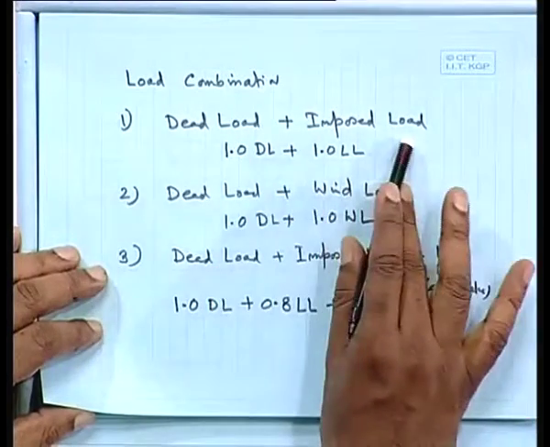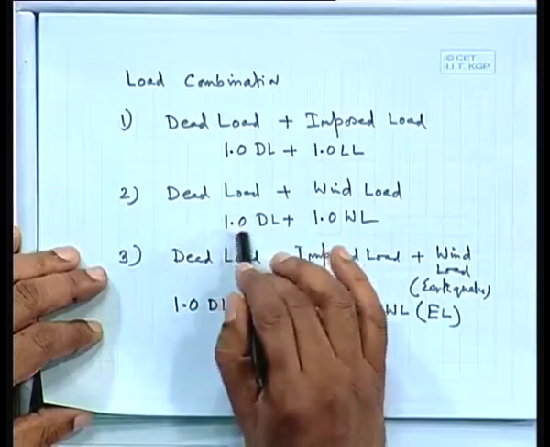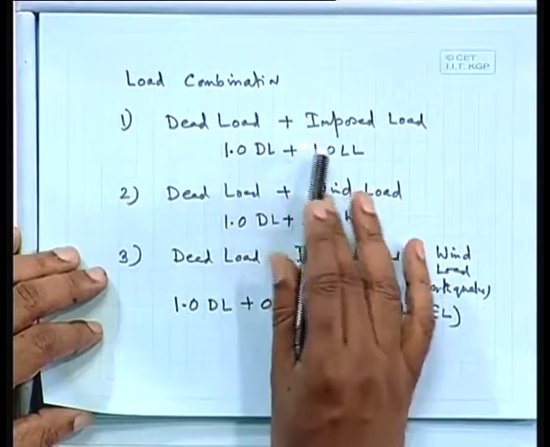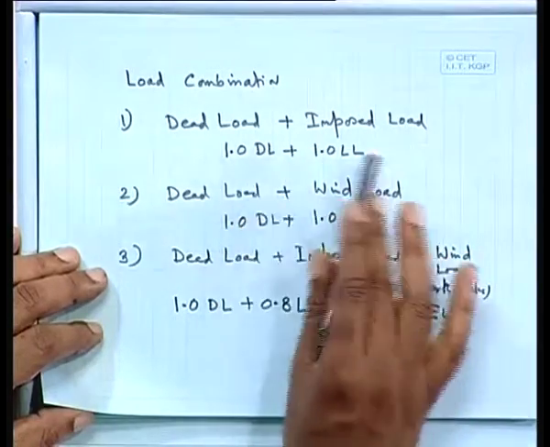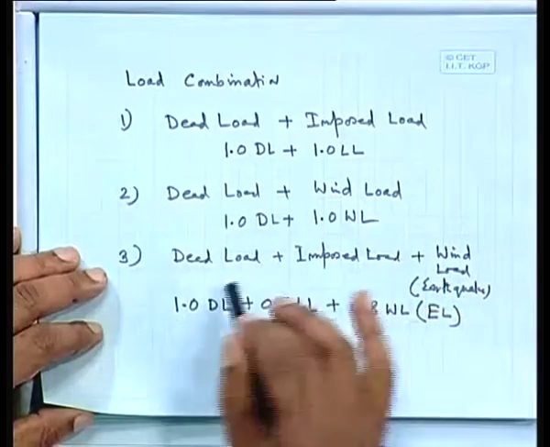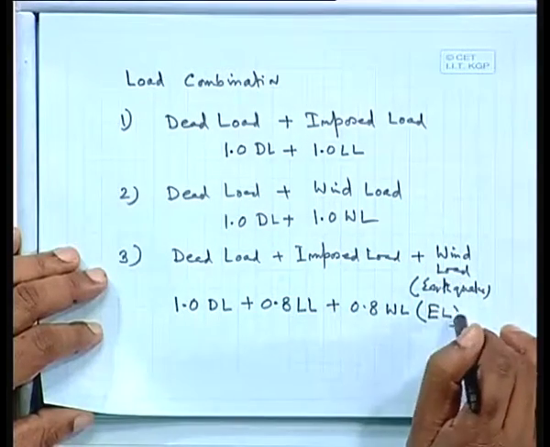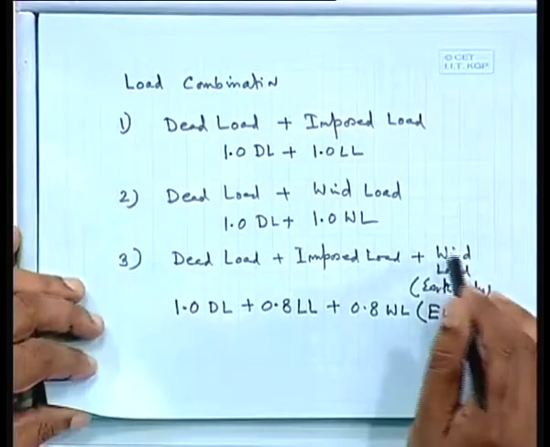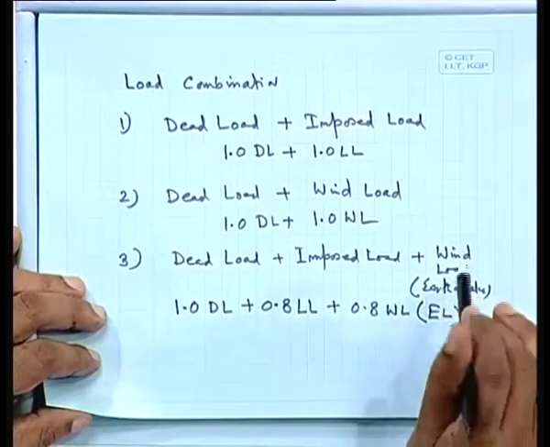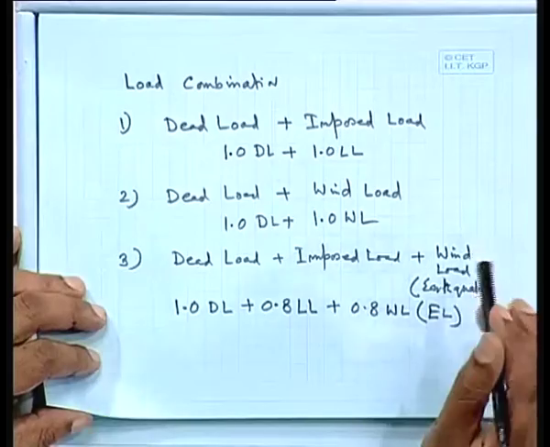So dead load, live load, that is one case. Then it may happen only dead load also. Dead load and imposed load, dead load and wind load, dead load, imposed load and wind load, or earthquake load. Either of them we shall take. We generally analyze and find out which one is the governing one, and we take that load.